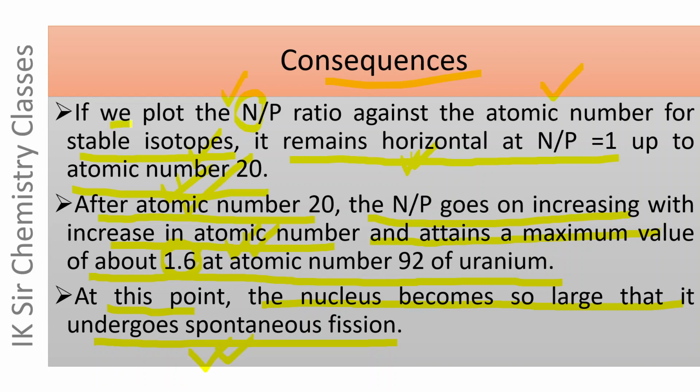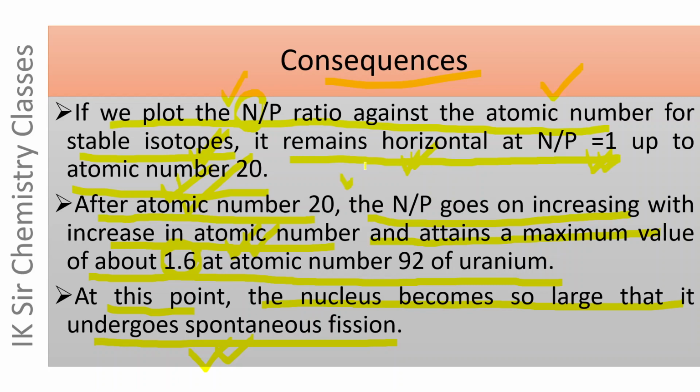If we plot N by P ratio against the atomic number for stable isotopes, the N by P ratio remains constant at 1 up to atomic number 20.